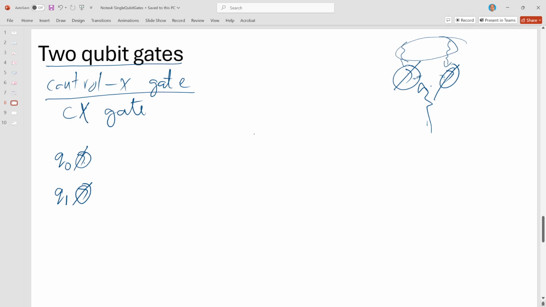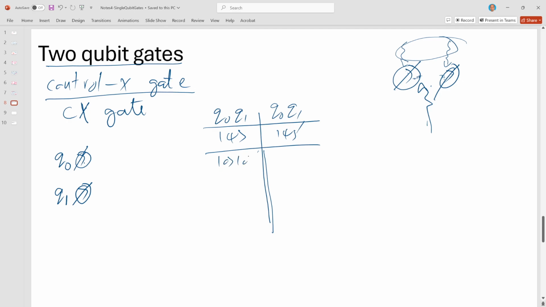Suppose that this is the state before and this is the state after the operation. So before, these 2 qubits can be in these states, if we just think about the computational basis states.